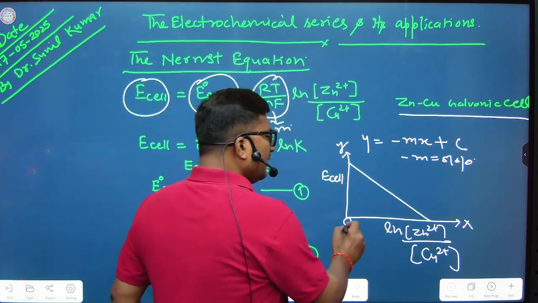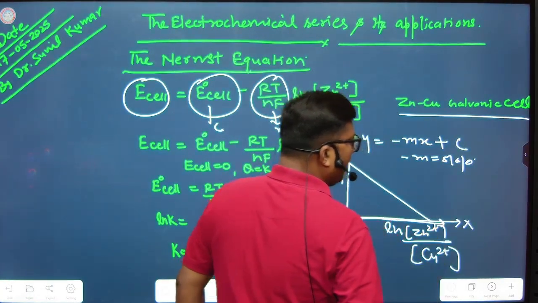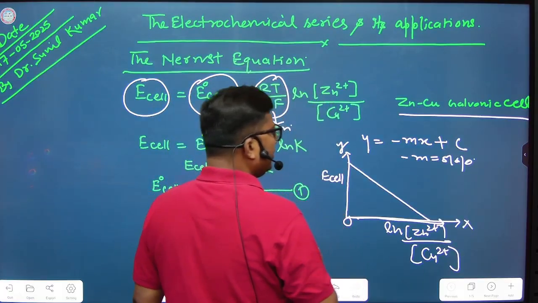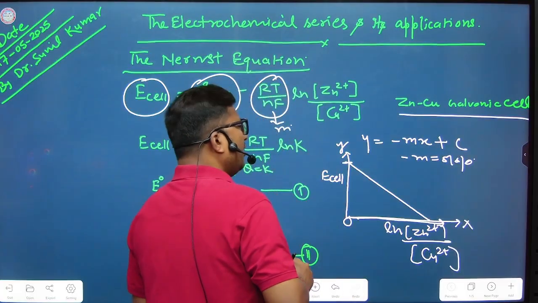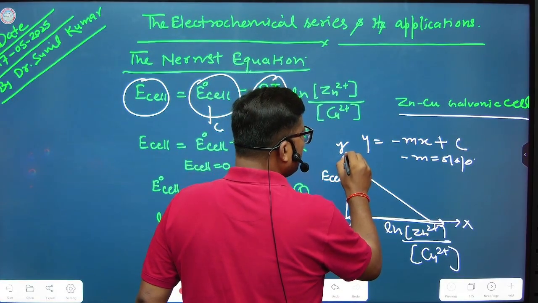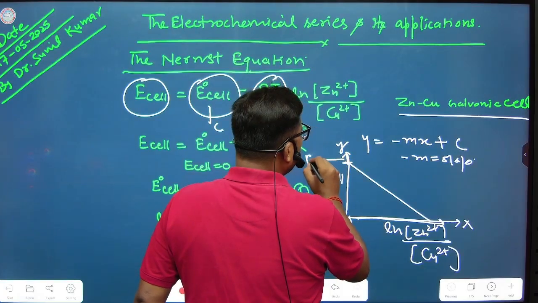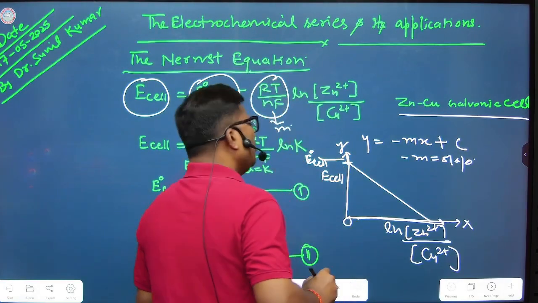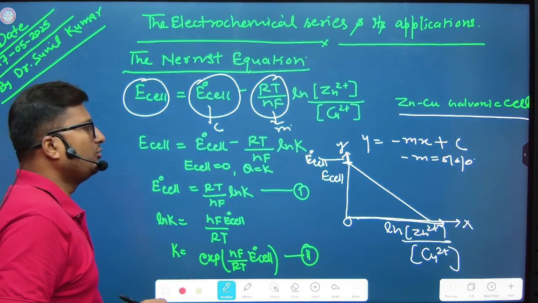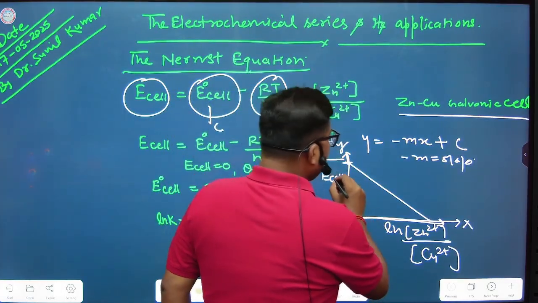As the value increases towards the x-axis in the forward direction, at the zero point E cell is maximum, and this value is called E0 cell, the standard cell potential at standard state.